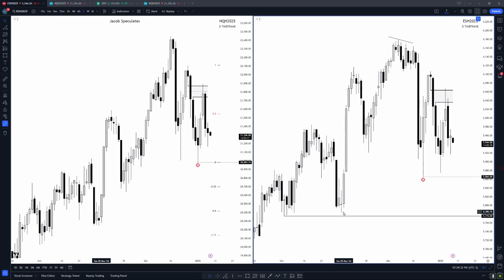So we look for that initial SMT on the daily cycle, being the 15-minute, and then watch that 15-minute CSD with displacement, and then look for a microcycle SMT.